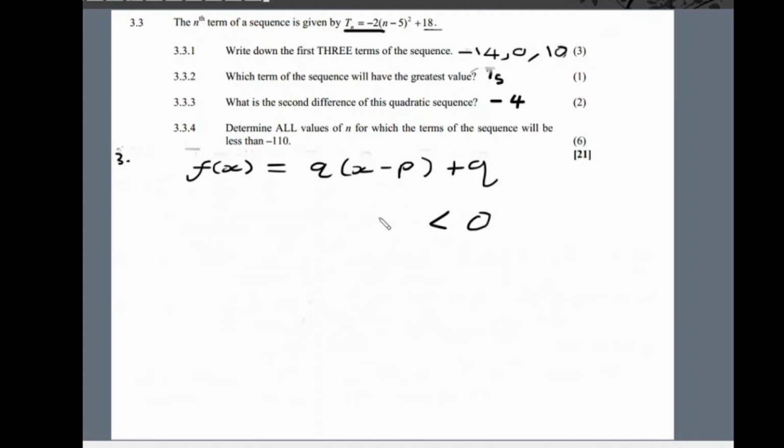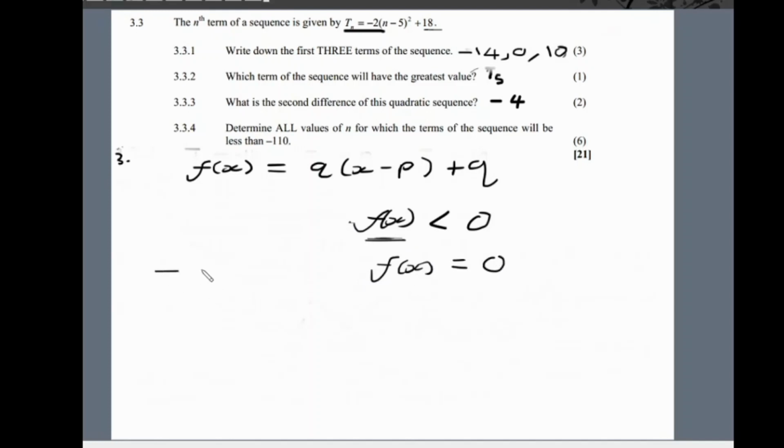So to determine the values where this function is less than 0, you want the values of x where this function will be less than 0. To get those values of x, you will first calculate the values of x where that function is equal to 0.